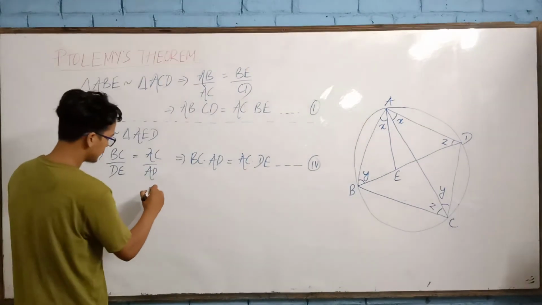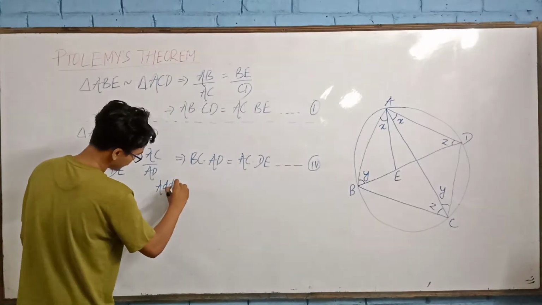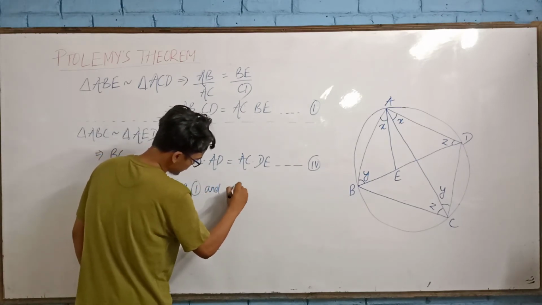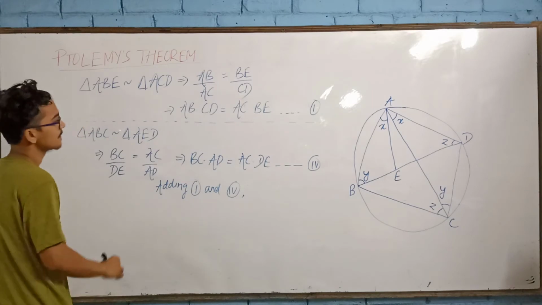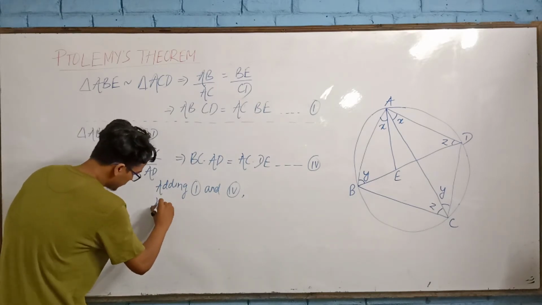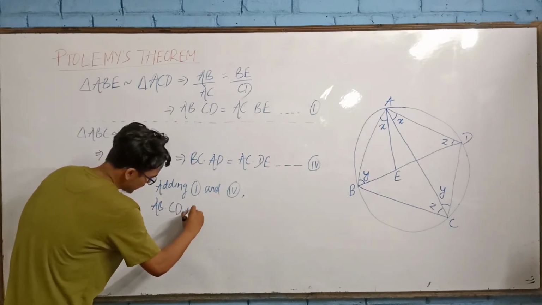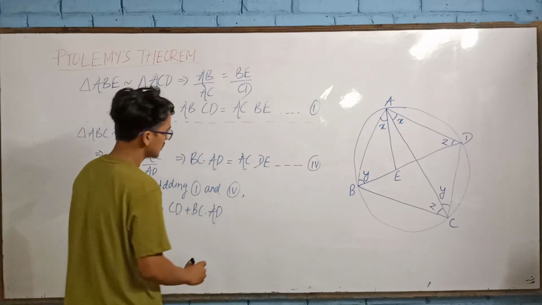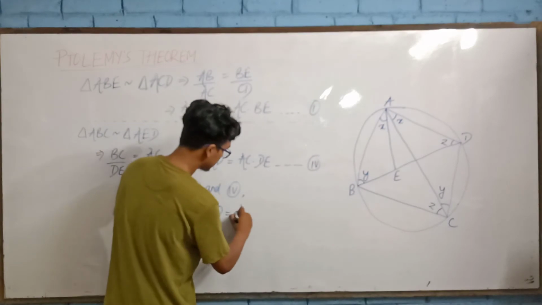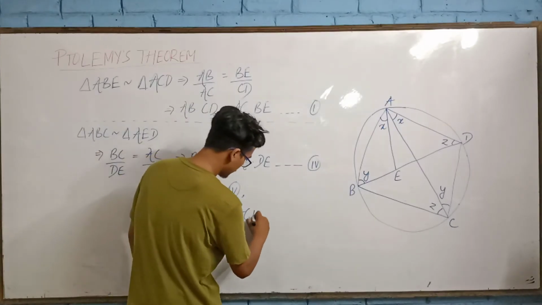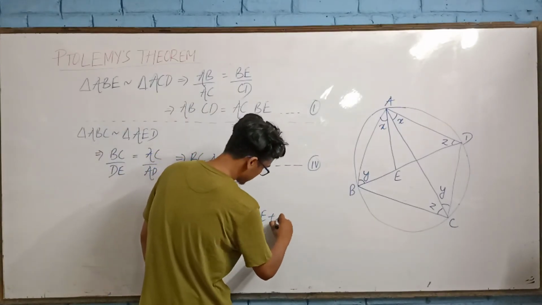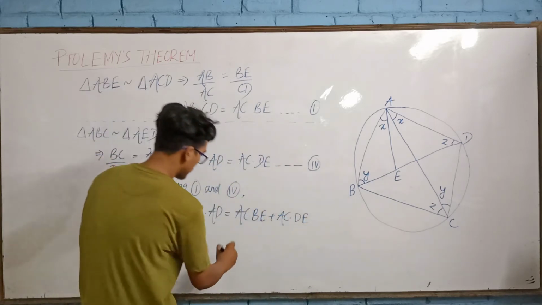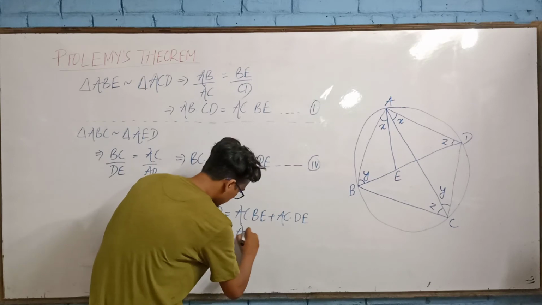Now if we add 1 and 4, we have AB into CD plus BC into AD equals AC into BE plus AC into ED.